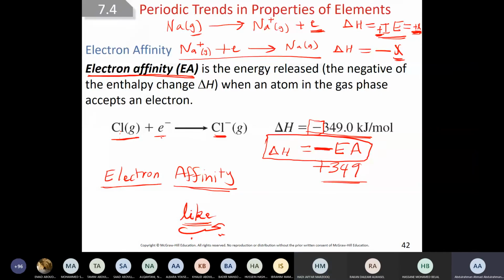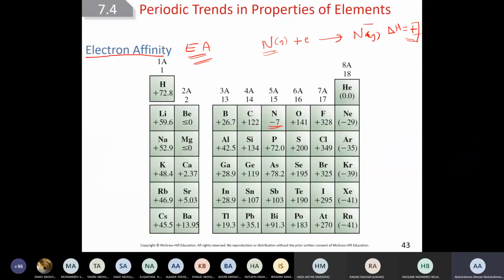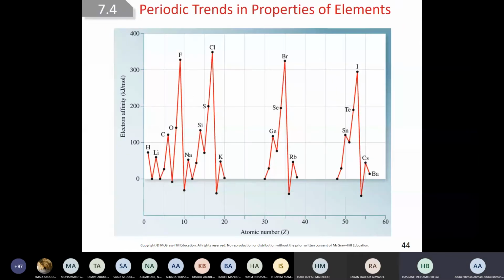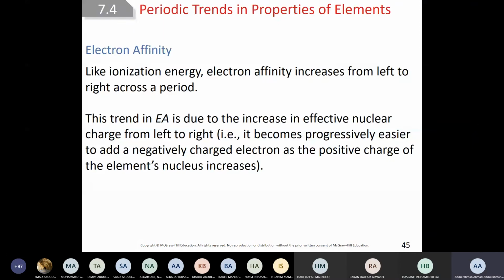What's given to you here is the electron affinity, so delta H for anything in here is equal to the negative of this one.